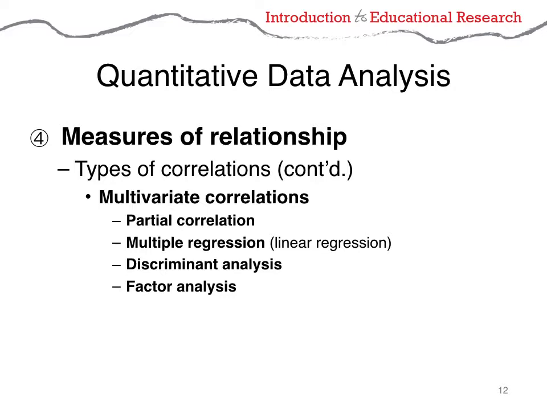There are also multivariate correlations, right? So we just talked about bivariate, or two variables. There can be multivariate correlations, like multiple regression, which is a very popular one.